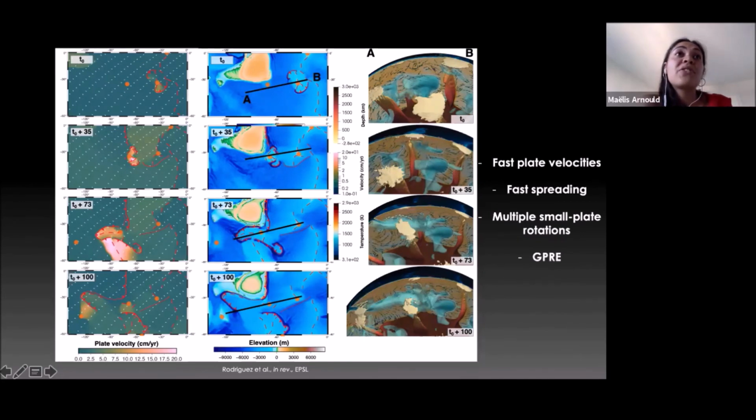And these patterns are robust: even if I'm looking at different models and tectonic and convective environments, I found the same kind of feature.